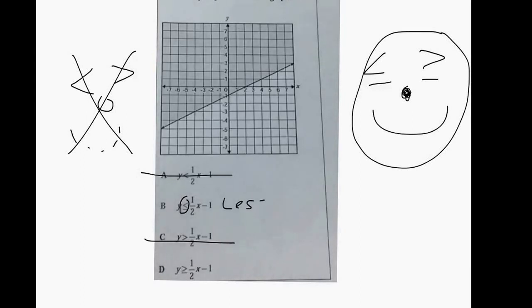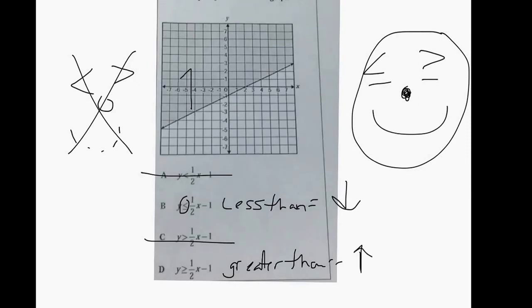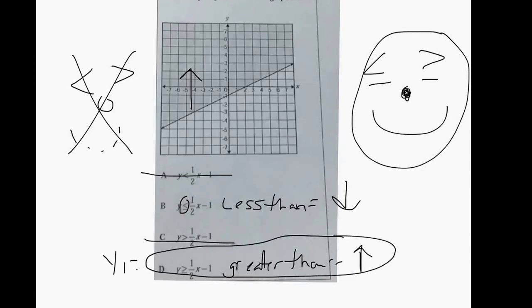This is less than or equal, and this is greater than or equal. Less than is shade below, greater than is shade up. Here's our line. That side is shaded, so this is greater than. You could type this into Y1 in your calculator, and you would hit the shade up button, which looks like that, and it would show you that picture as well.